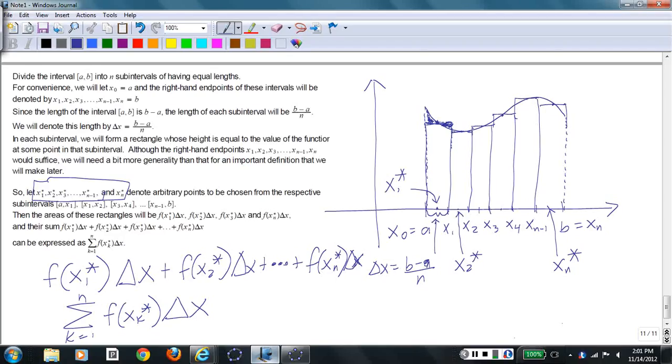Now if they have constant width, the delta x could be brought in front of the sigma notation, if it doesn't change as the value of k changes. But that's ultimately not going to be necessary. We're going to want to allow for the possibility that delta x could depend on k, although it does not in this case.